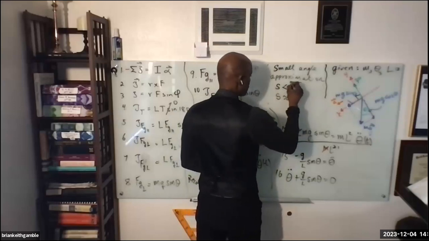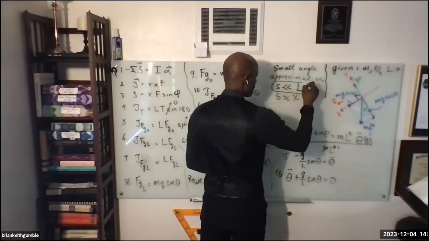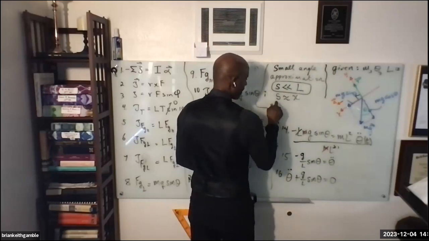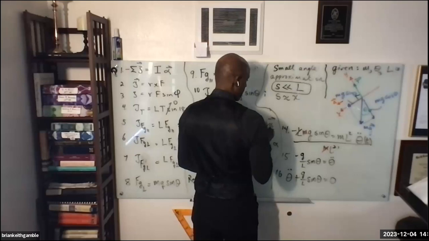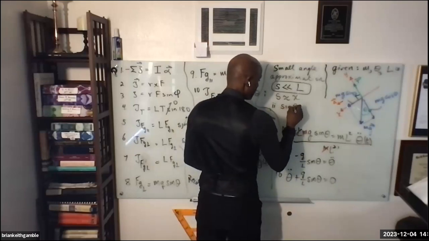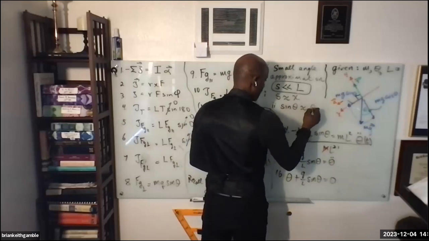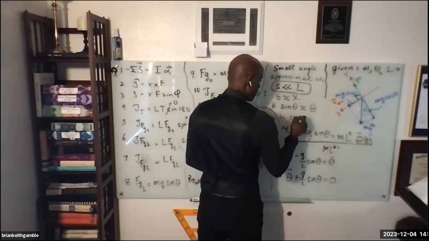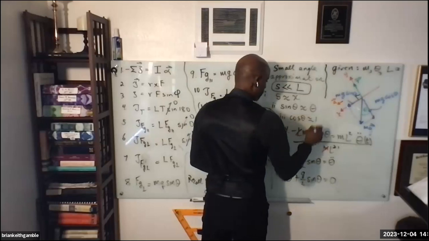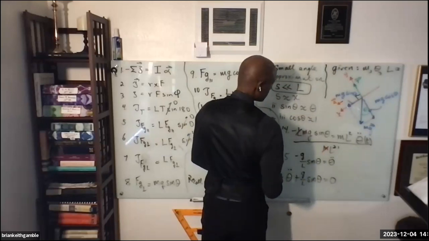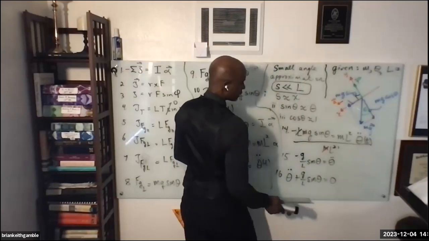This is the criteria that S is much, much smaller than L. And the results of the small angle approximation are: one, that S is approximately equal to X. And two, the one we're going to use here, that sine theta is approximately equal to theta because of that. But these other two are also true. Cosine theta is approximately equal to 1. And I'll put it over.